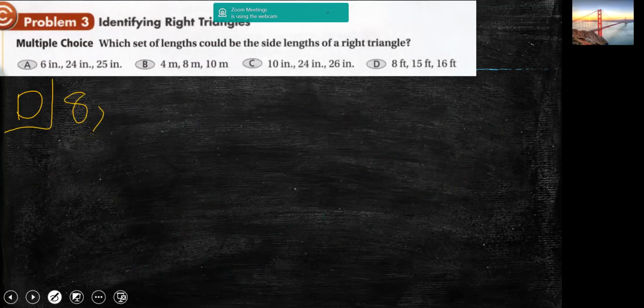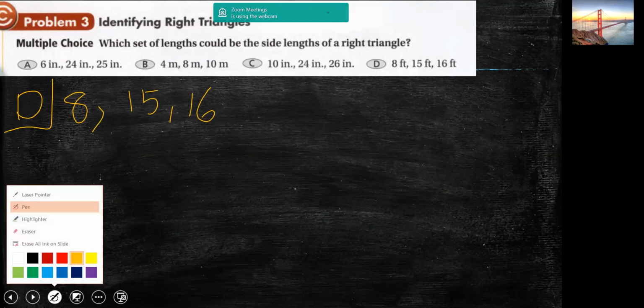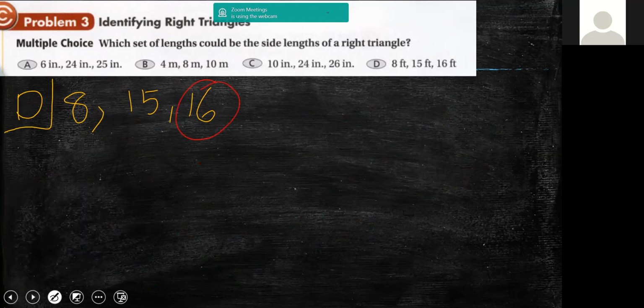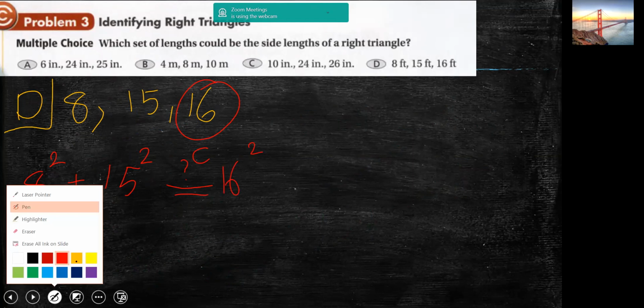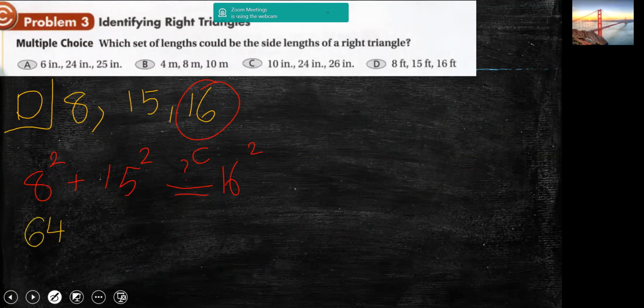Eight, 15, and 16. Which is greater? 16. So this is C. So 8 squared plus 15 squared, are they equal to 16 squared? 8 squared is 64. 15 squared is 225. Are they equal to 16 squared, which is 256?